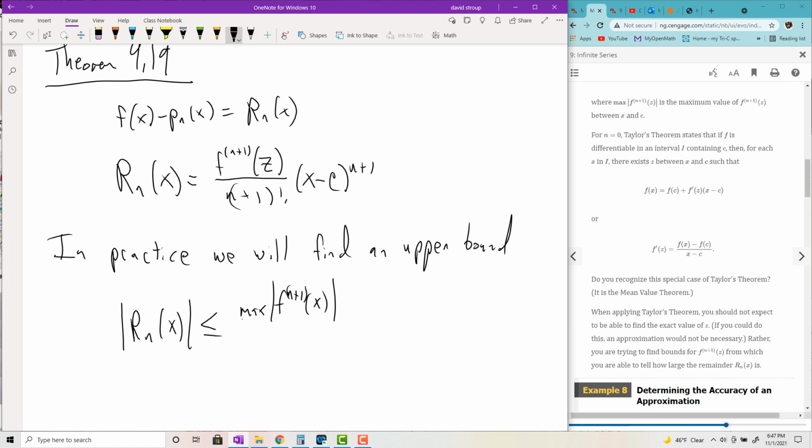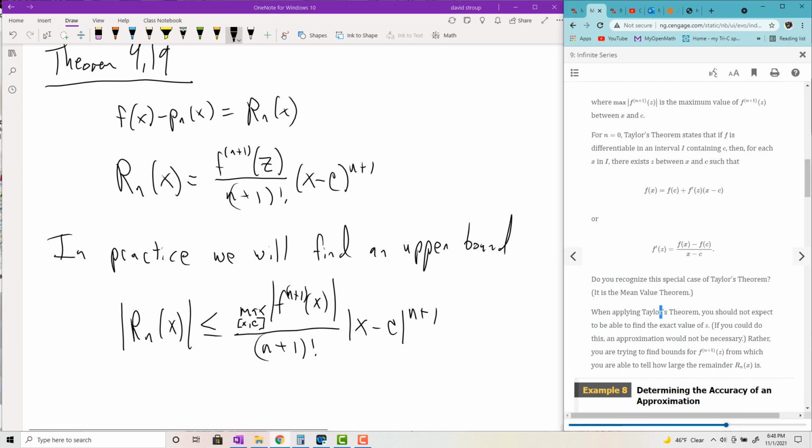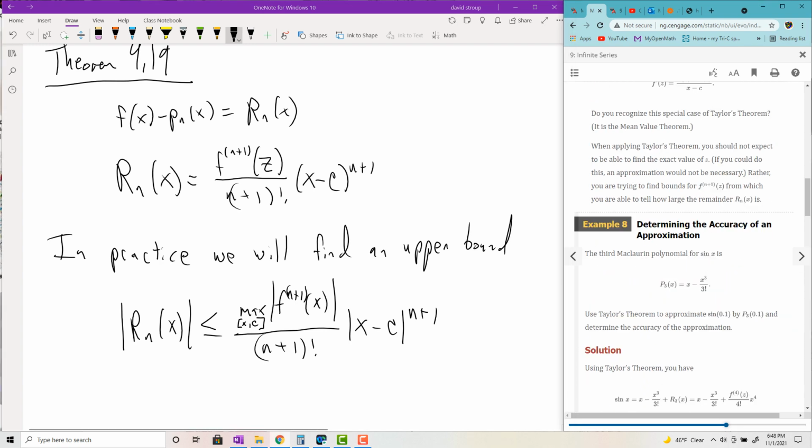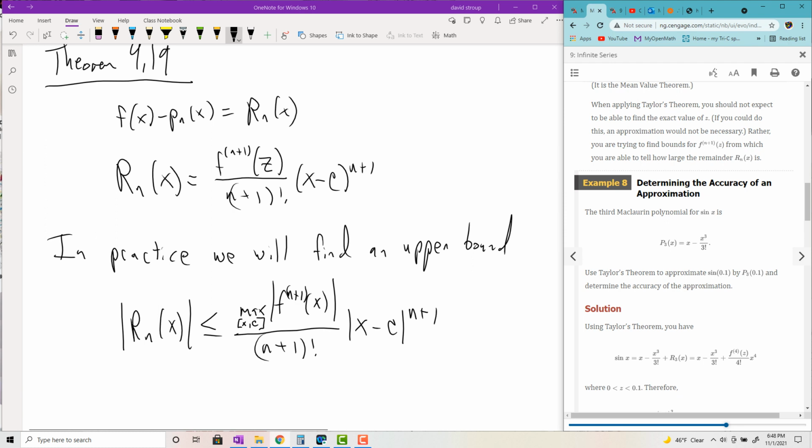So I'll just say on the interval from x to c, but it's more general than that, right? x could be bigger than c. Anyways, divided by n plus 1 factorial times the absolute value of x minus c to the n plus first power. Okay. Alrighty then.